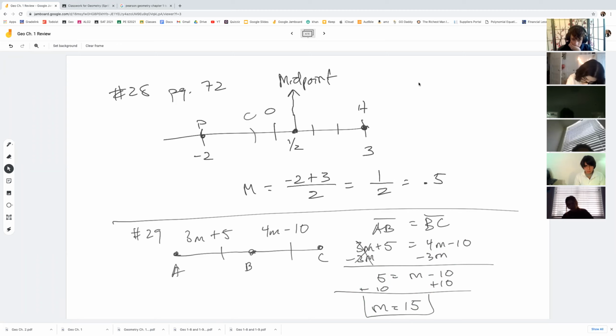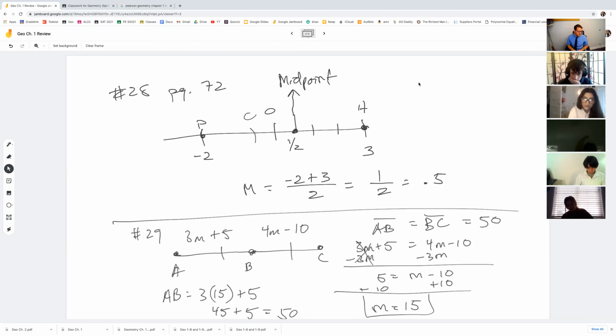Once you know what M is, now you can find AB is equal to 3 times 15 plus 5, 45 plus 5, 50. So segments AB and BC are both 50. Awesome. All right, let's continue.